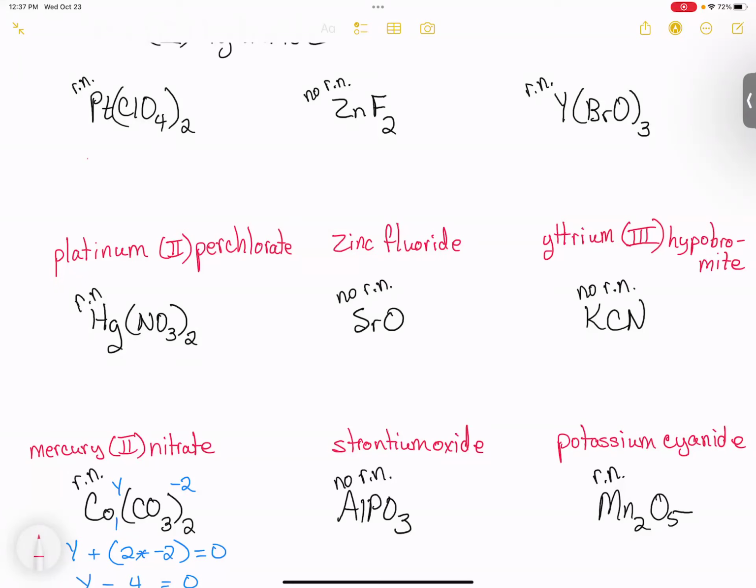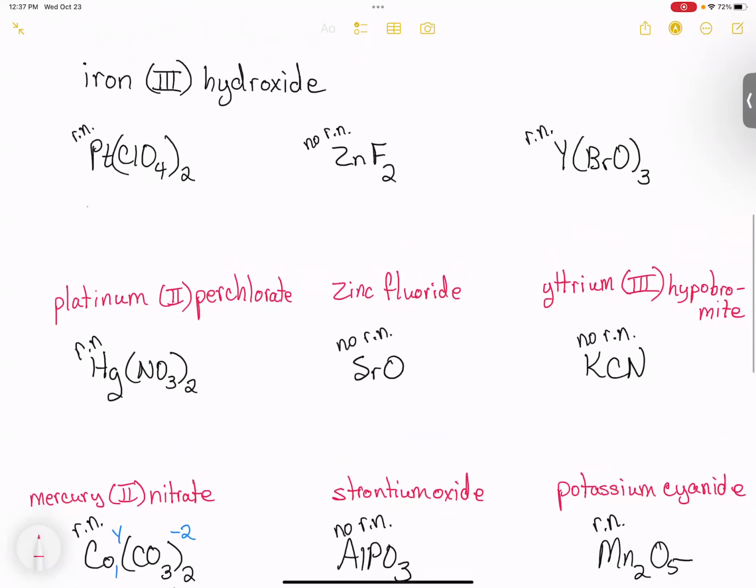That's it. And challenge number 4 is being able to figure out what charge is on that metal for the ones that need a Roman numeral, which you're always going to develop that type of an equation.